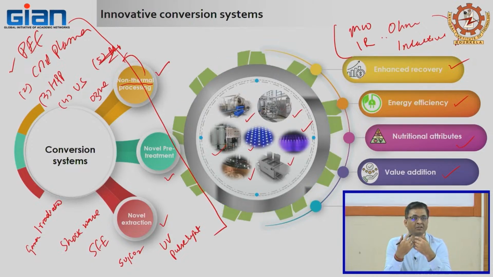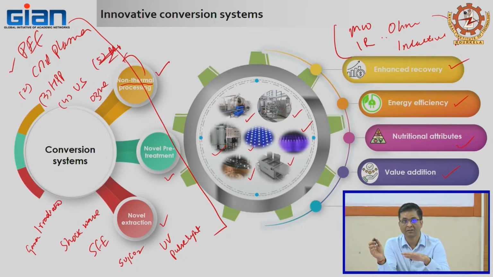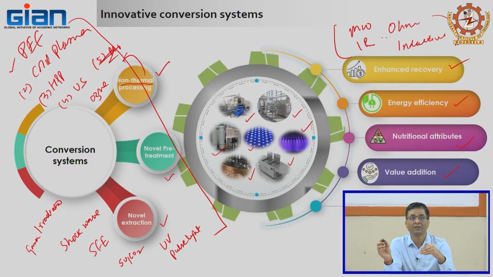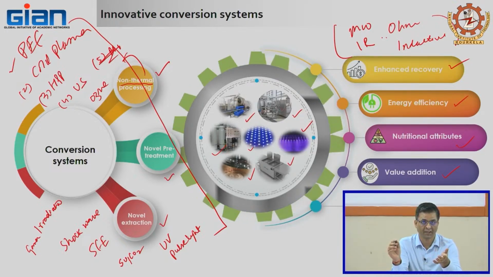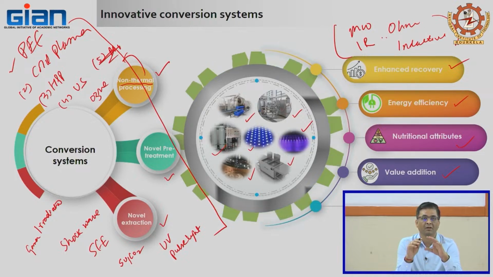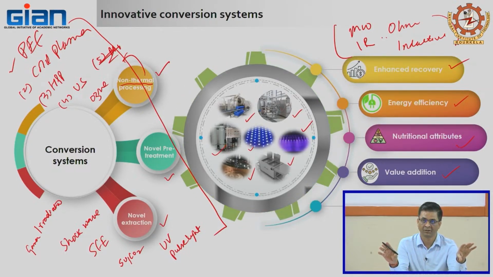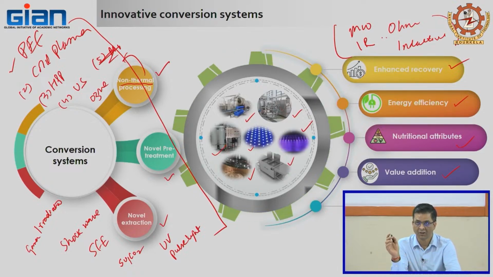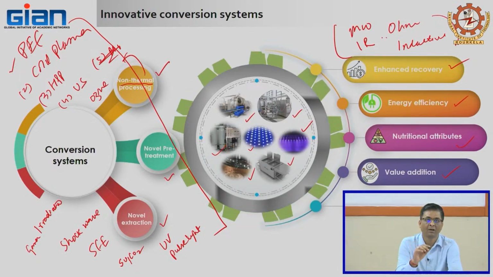Microwave heats uniformly, whereas in thermal processing, conduction always plays a major role, that means from outside to inside, whereas microwave, ohmic and others all have a uniform heat distribution. So, they are more efficient. So, novel thermal and novel non-thermal are two different elements of it.